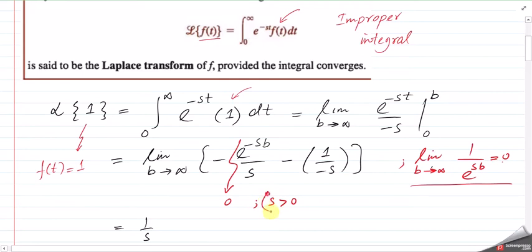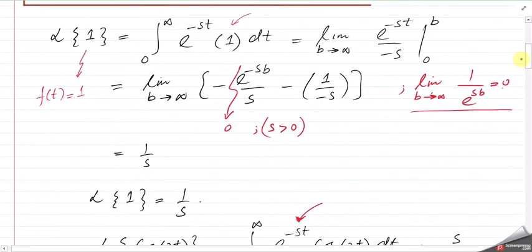But s has to be positive for this limit to go to 0. So if s is positive, this part goes to 0, and this part gives plus 1 over s. So we say if s is positive, then Laplace of 1 is 1 over s.